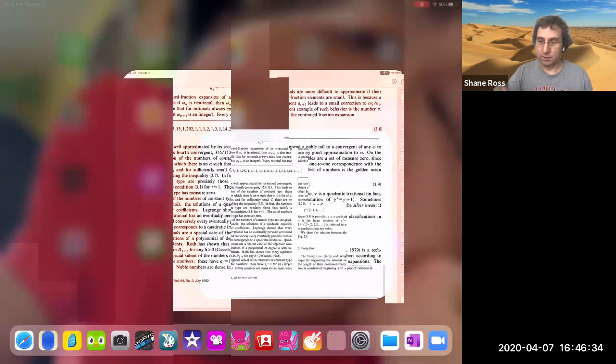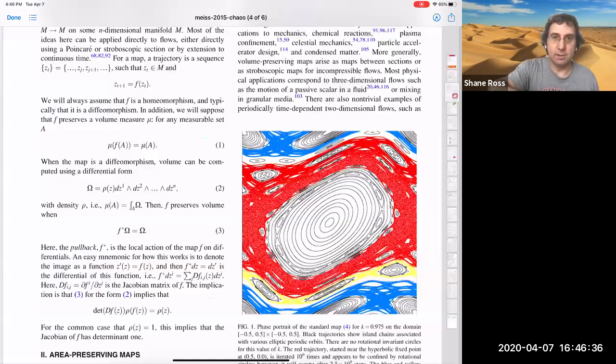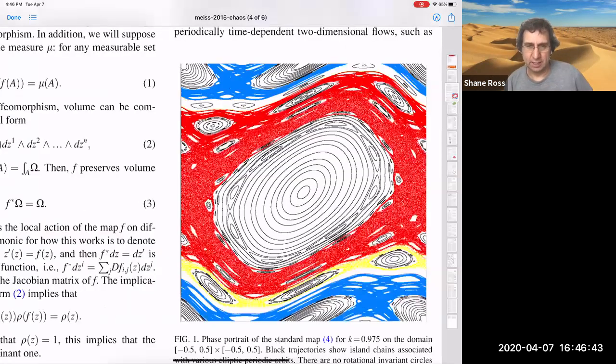It's showing up on my screen. Yeah, there it is. The red is an individual trajectory, so it started with an initial condition, and then the blue are also initial conditions. Yellow is another initial condition, and you see it not mixing with the red.